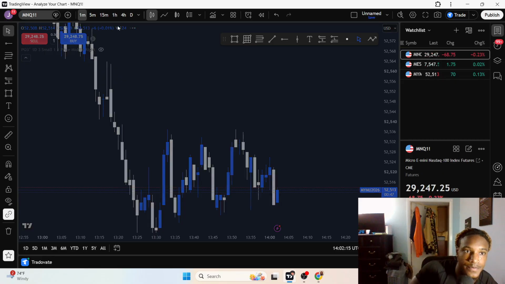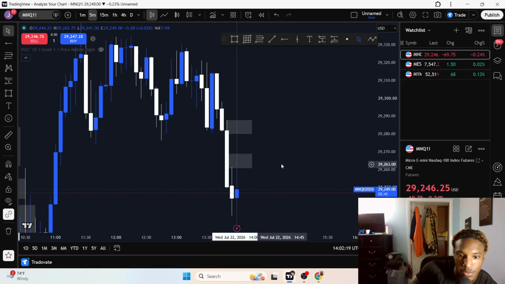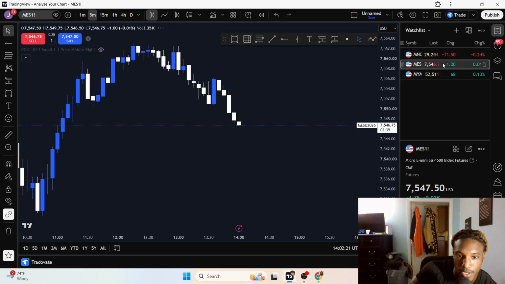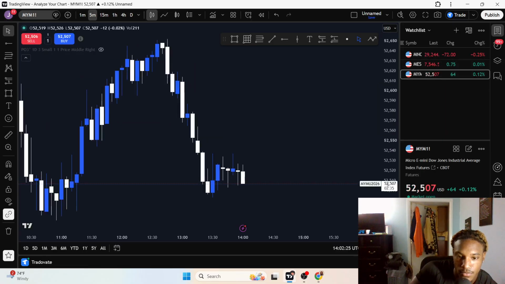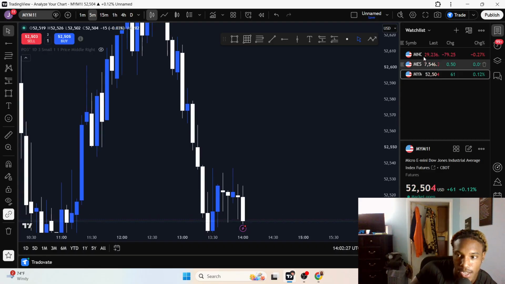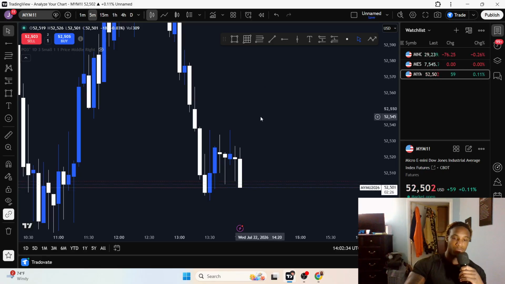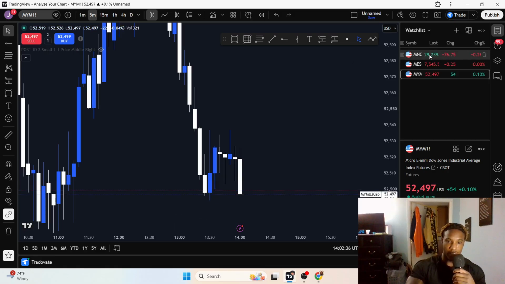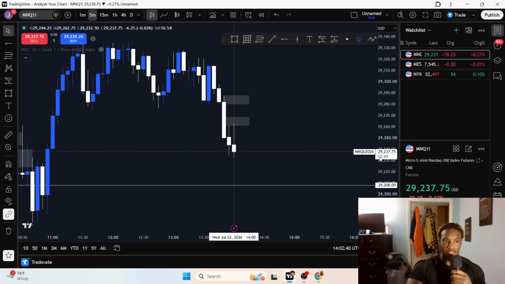But yeah, guys. So we have a 5 minute fair value gap here that every currency pair tapped into. So I don't really have anything right now to tell us to retrace into, there is no SMT.